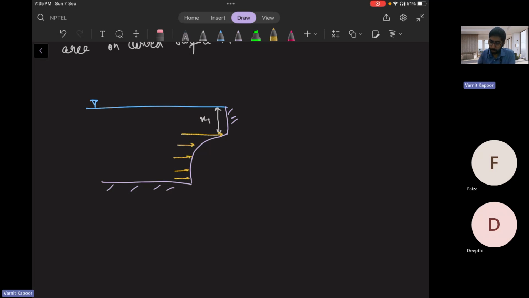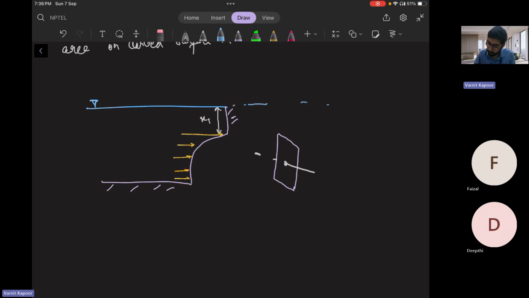Okay, and if I take the projected area of the curved surface, the center of gravity of this projected area will be at a distance from the free surface.